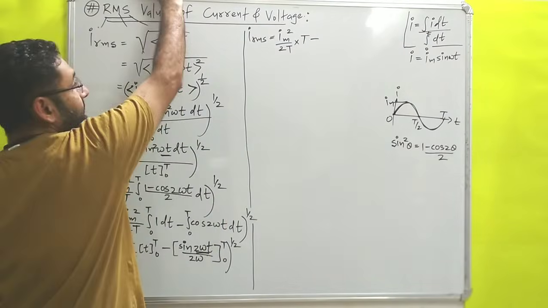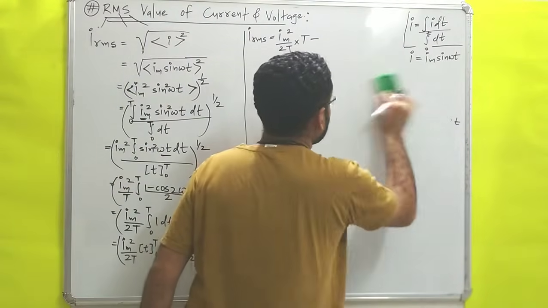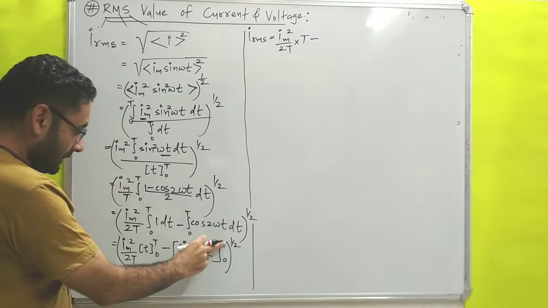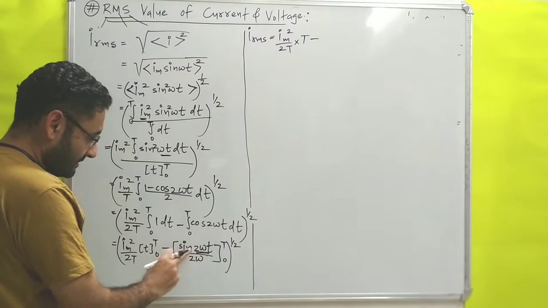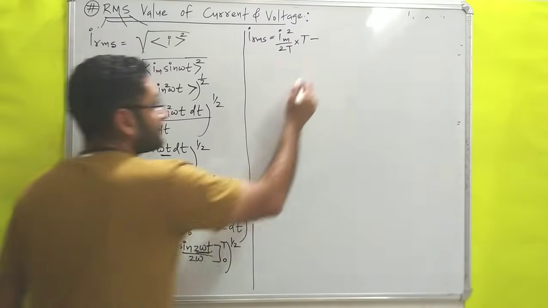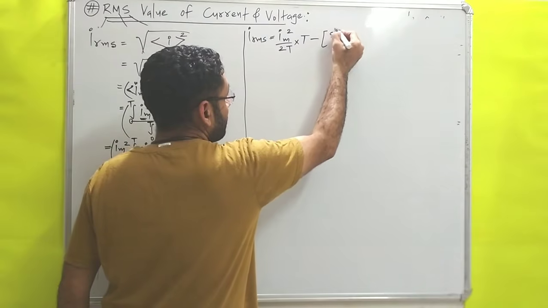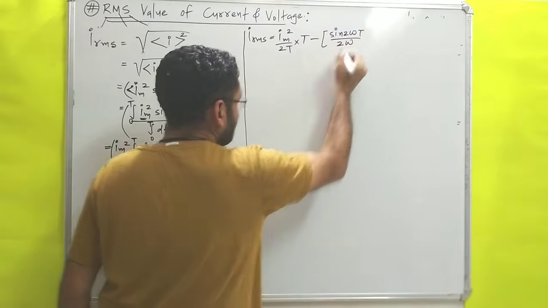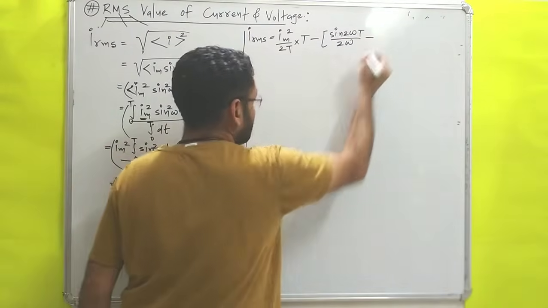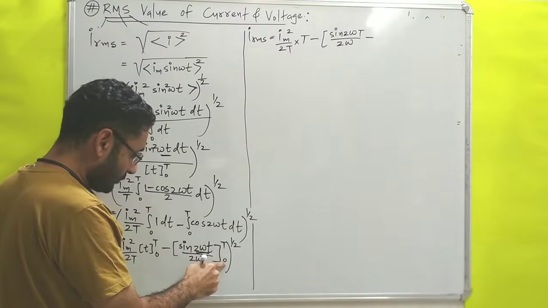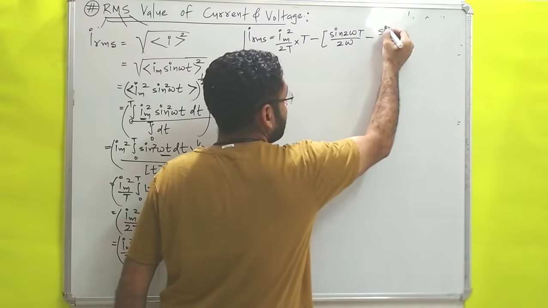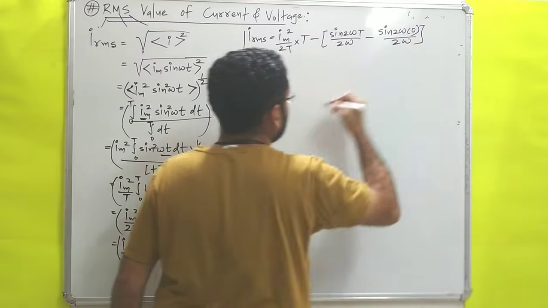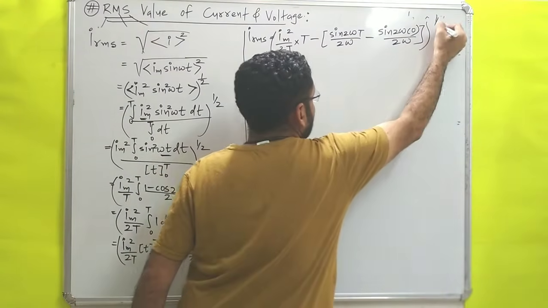Minus, now next is upper limit minus lower limit: sin 2 omega capital T divided by 2 omega, minus lower limit sin 2 omega 0, as lower is 0, so sin 2 omega 0 divided by 2 omega. Whole raised to 1/2.